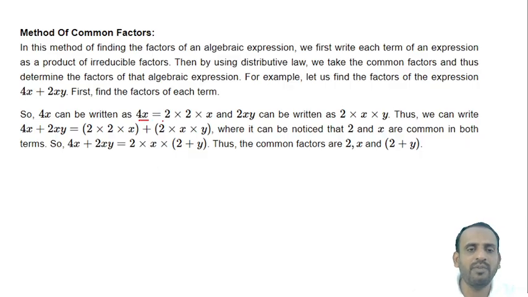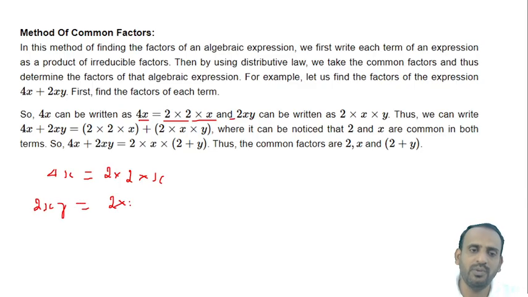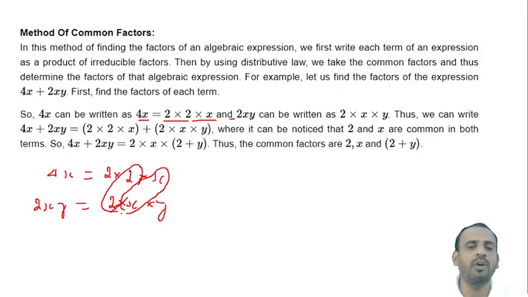So the method of common factor means, as we just discussed, for example, we have 4x, which can be written as 2 into 2 into x. 2xy can be written as 2 into x into y. So what are the common things? If you observe, we have x common here, then we have 2 common.